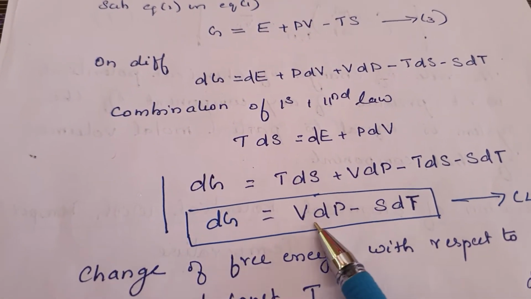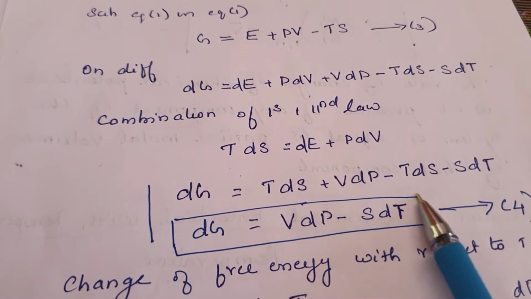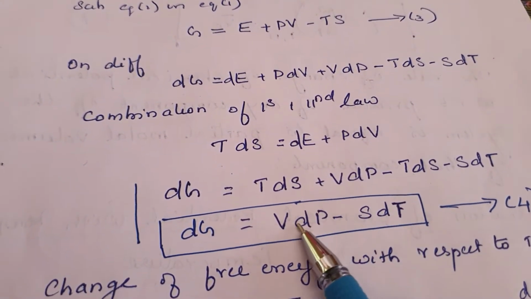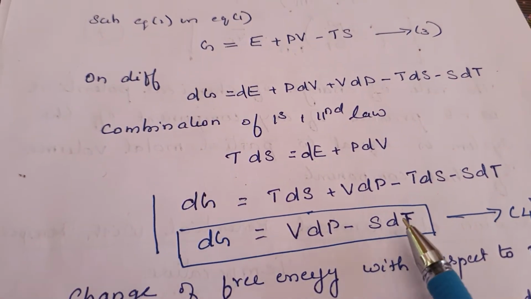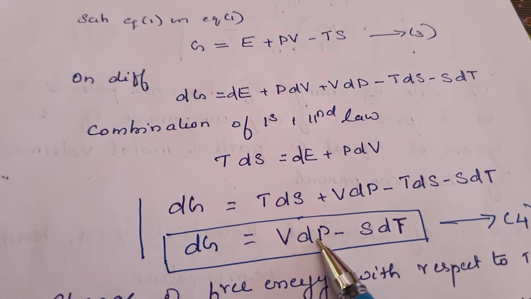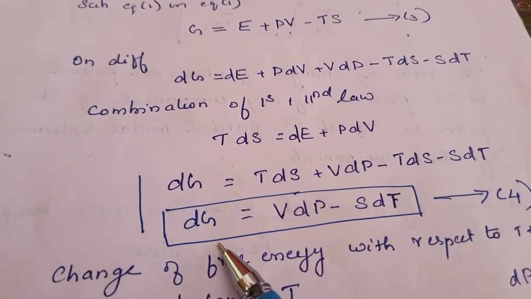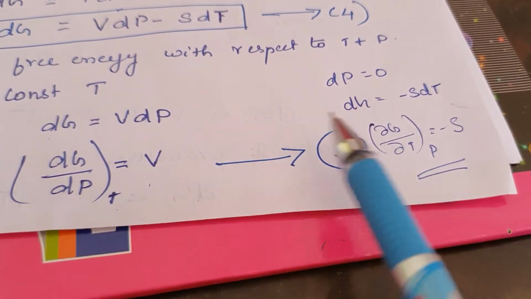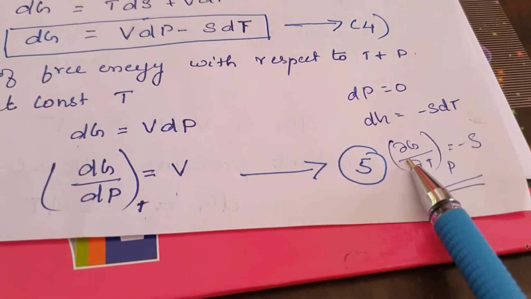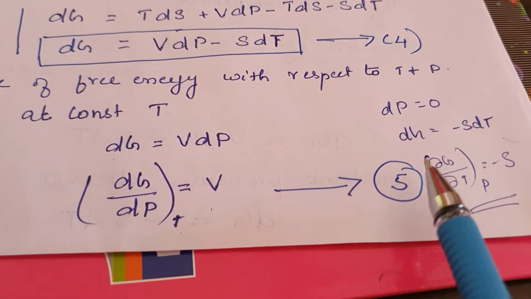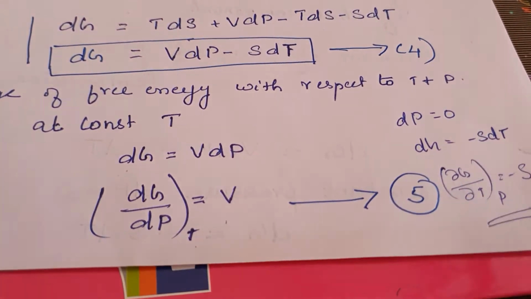So dG is equal to VdP minus SdT. And for the change of free energy, if you take dP constant, dG by dT is equal to minus S. And if you take dT constant, dG by dP is equal to V. These two relations we have already studied, and the basis of this variation of chemical potential is this expression.